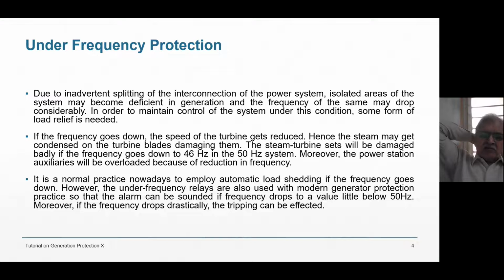So if those breakers trip because of some unknown reason, or somebody trips manually, then the isolated area, either Gujarat or Maharashtra, may face overload and the other may face underload. Both are wrong, because in both cases the system can go out of step and cascaded tripping can occur.